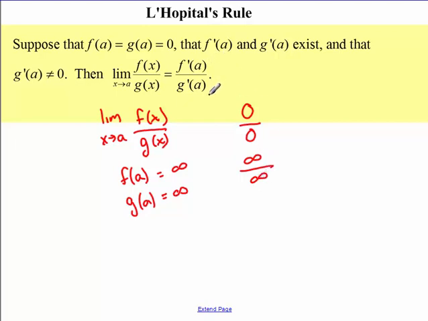Then you take the derivative of the top and the bottom. And notice how it's not the quotient rule. You just take the derivative of the top and the derivative of the bottom.